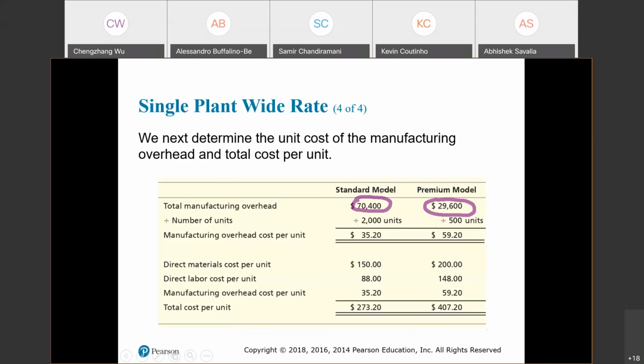For the standard model, the units produced is 2000, so we divide by 2000. Similarly, for the premium model, we divide this number by 500 units. So finally, we get the manufacturing overhead cost per unit.